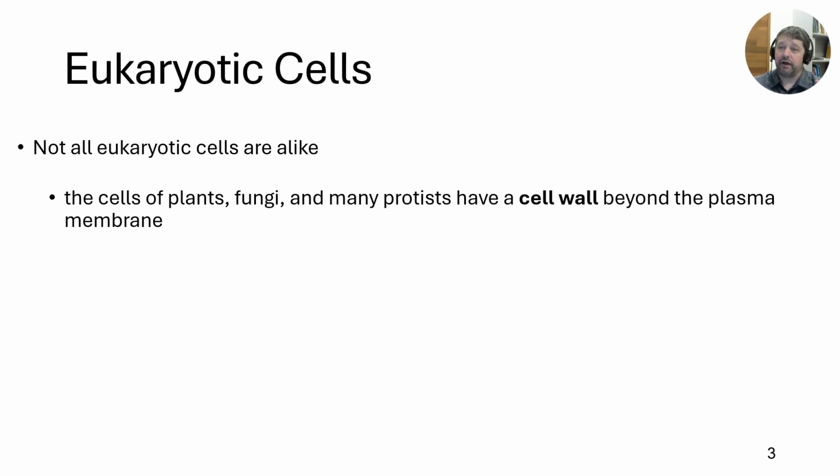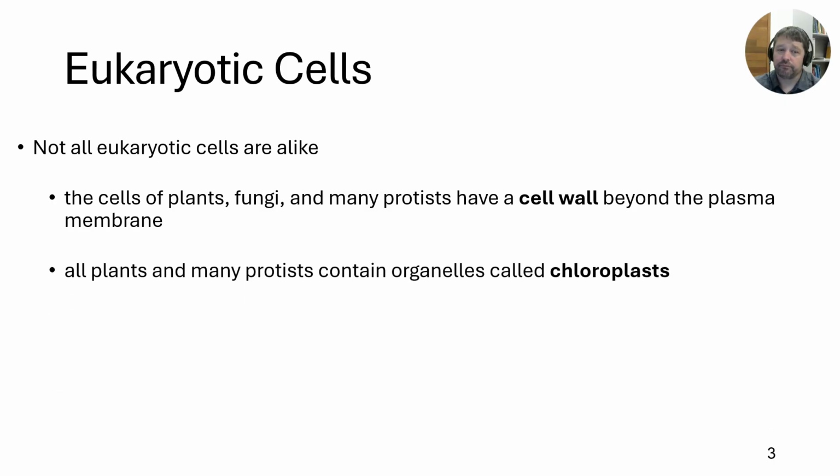This is what provides plant cells with that rigidity and allows them to get 300 feet in the air. They lose their flexibility. They still have a cell membrane underneath it, which is flexible, but the wall itself is not really flexible.